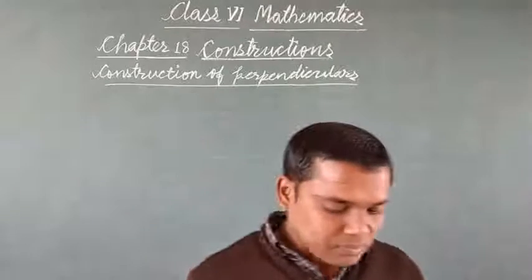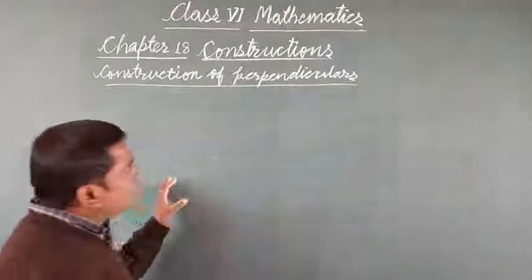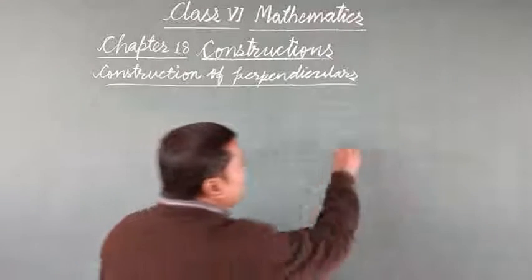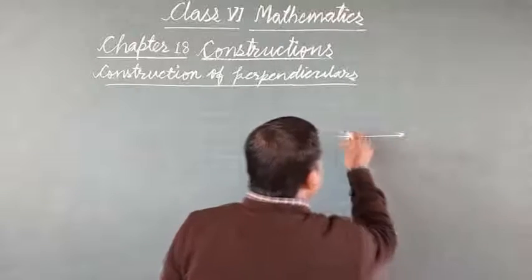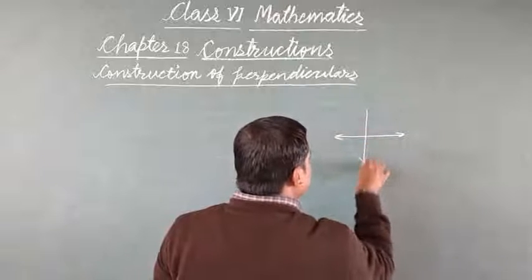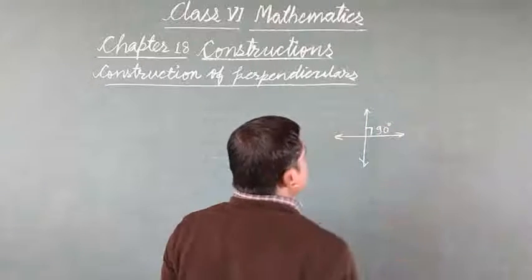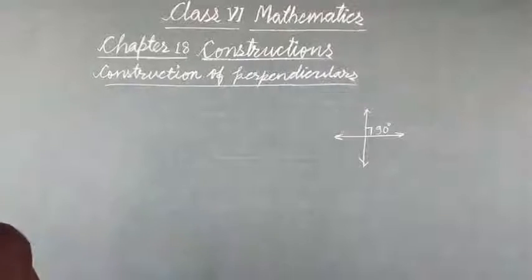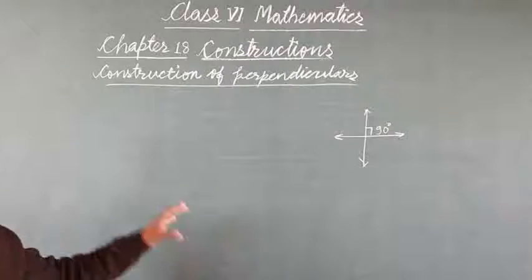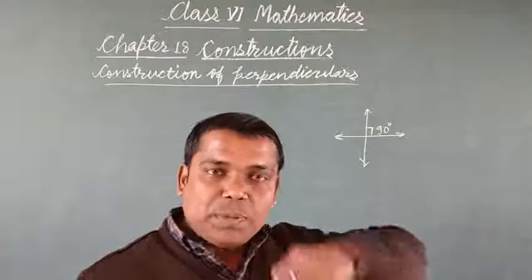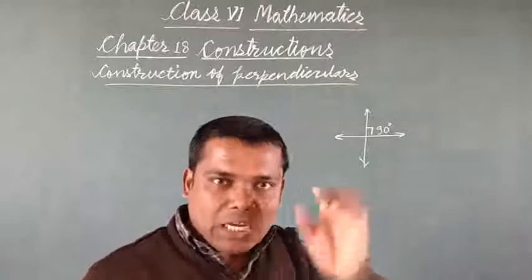If two lines intersect each other at 90 degrees, the lines are called perpendicular to each other. So now I am going to construct a line which is perpendicular to a given line at a point on the line.